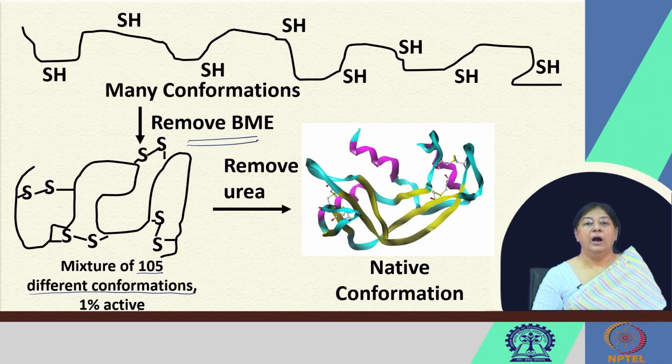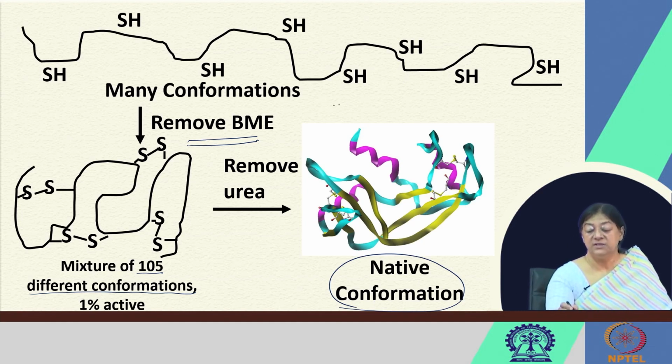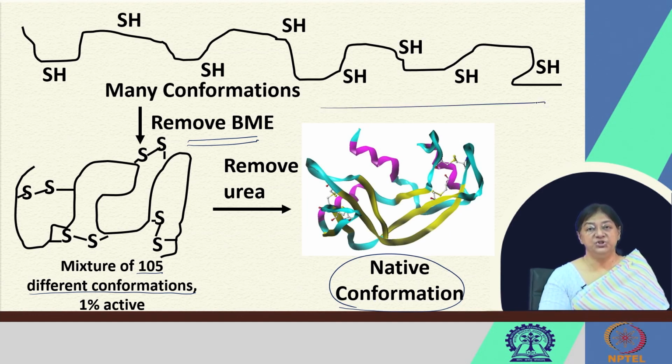So, our problem here is that we had the native conformation with 4 disulfide linkages. The disulfide linkages were reduced to give us this particular polypeptide chain, and the protein was allowed to unfold.